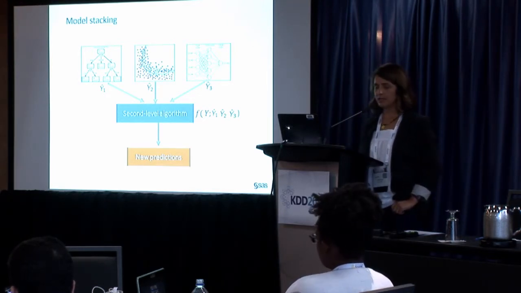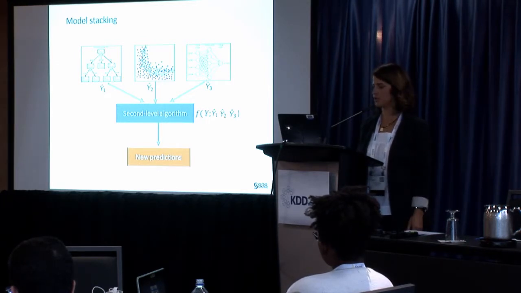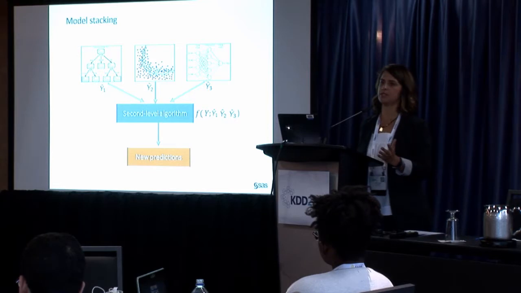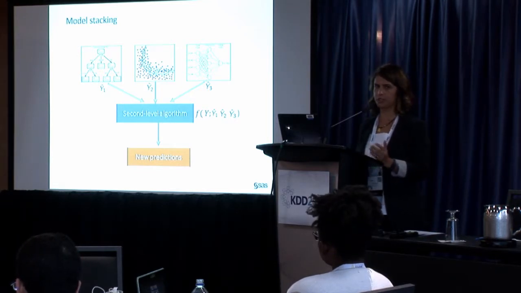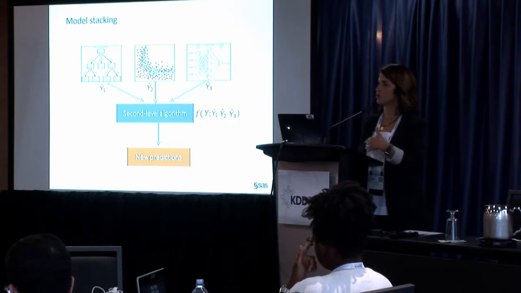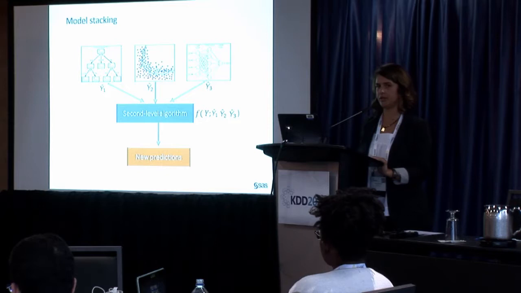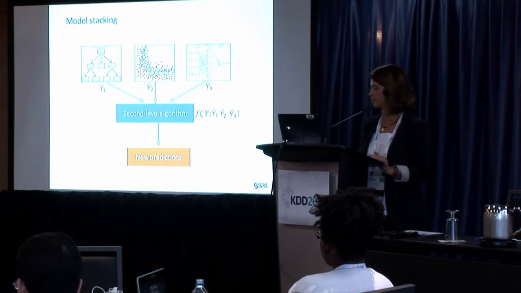Commonly, as a second-level algorithm, linear regression models or logistic regression models are used, but this second-level algorithm is not only restricted to regression. You can use any kind of machine learning algorithm, which opens the door to other nonlinear ML algorithms.